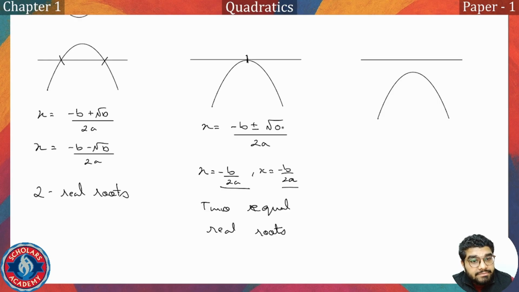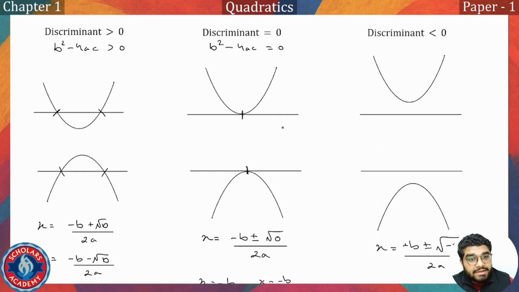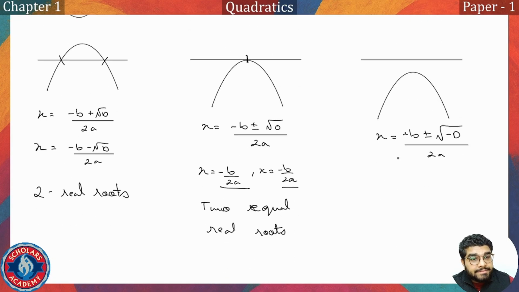Now, if the discriminant is less than 0, that is negative, x is equal to minus b plus minus root of negative d by 2a. So discriminant b square minus 4ac is less than 0. Over here, this negative root makes the complete expression an imaginary number.